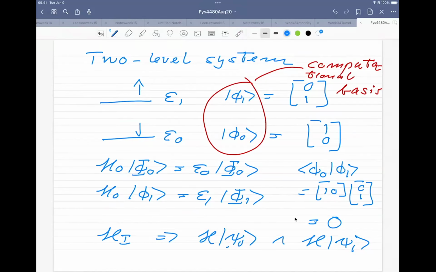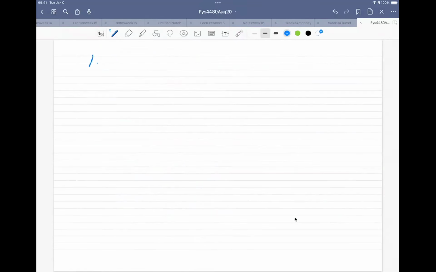So that means that we would find that psi 0 is given by some constant, a complex constant alpha, multiplied with phi 0, plus some beta multiplied with phi 1. This is the same as this C00 element, which we set up before.